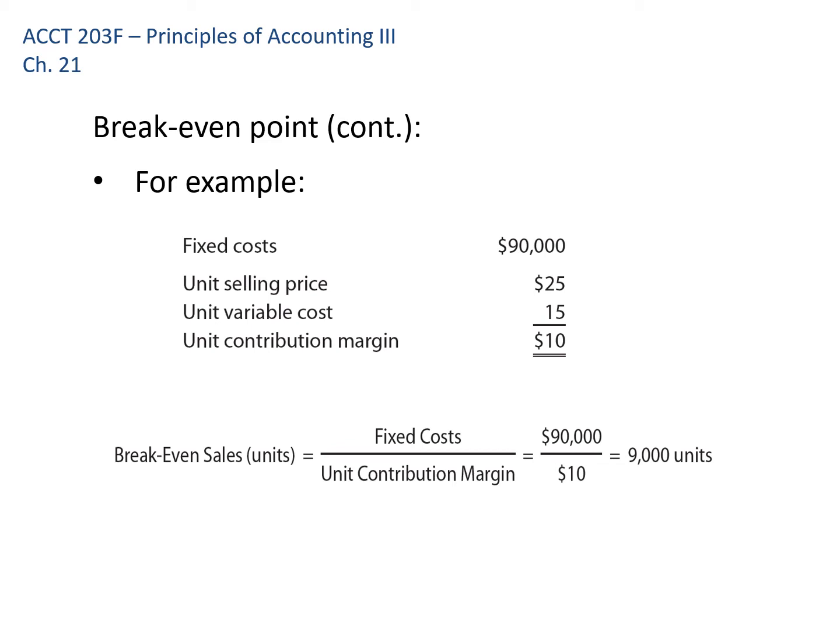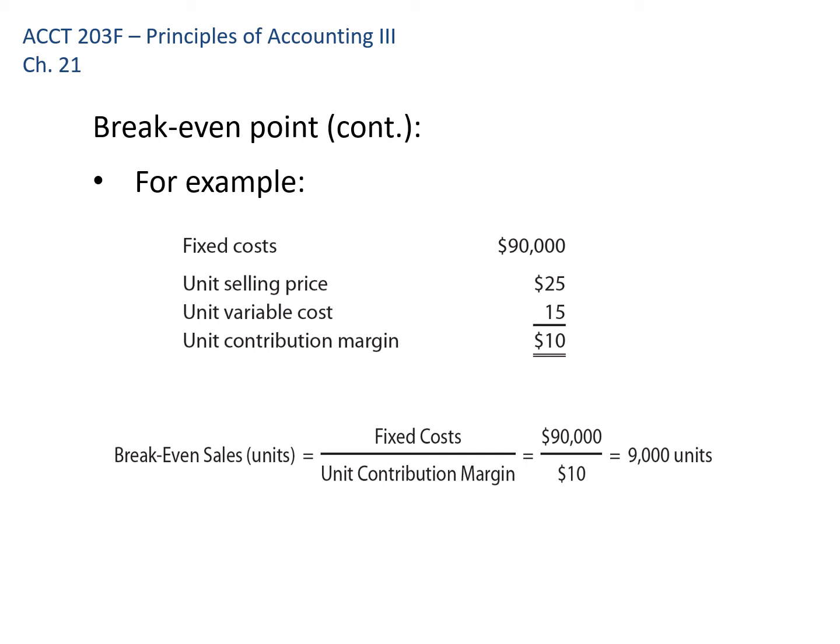And for each unit that I sell, I've got a $25 selling price, and I've got a $15 unit variable cost. Let's call that direct material, direct labor, and commission. That gives me $10 left over after every unit I sell to help me cover that $90,000 fixed cost and potentially provide for a profit. So for every unit I sell, I get a $10 bill left over. Think of it that way.